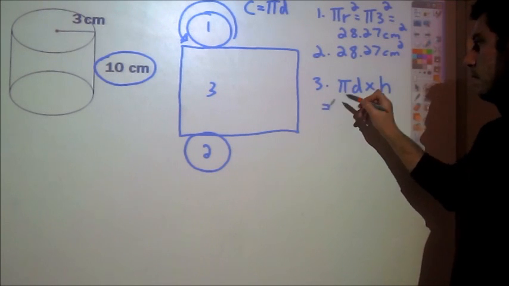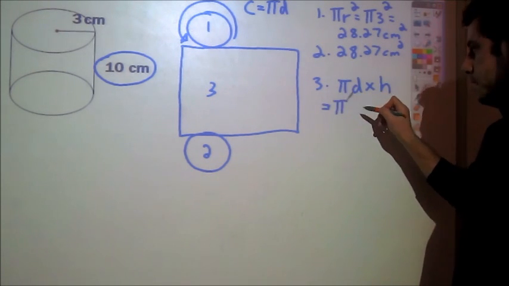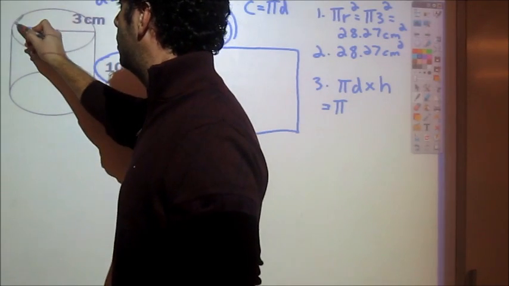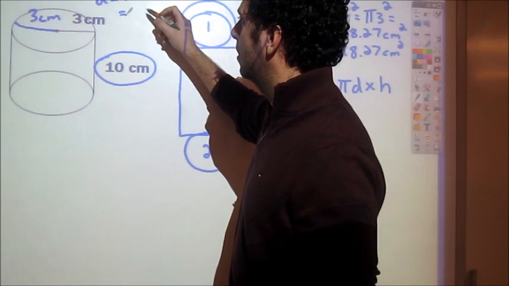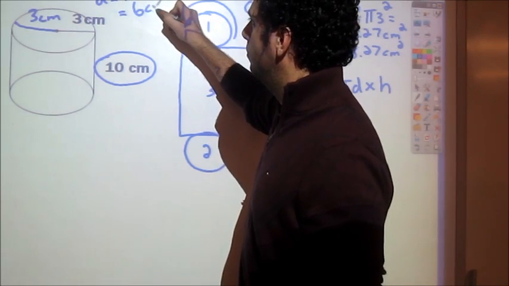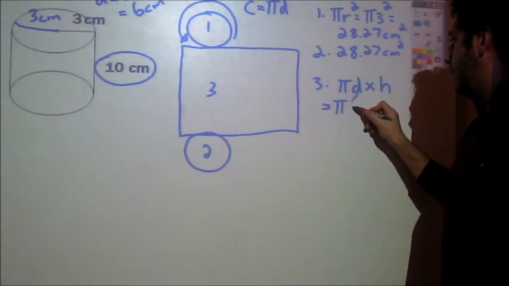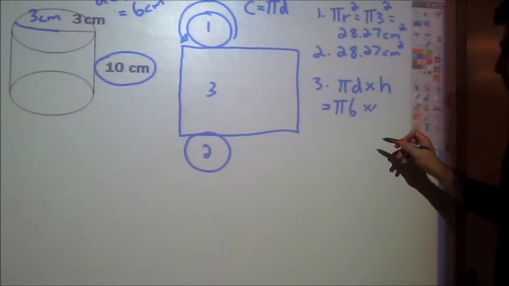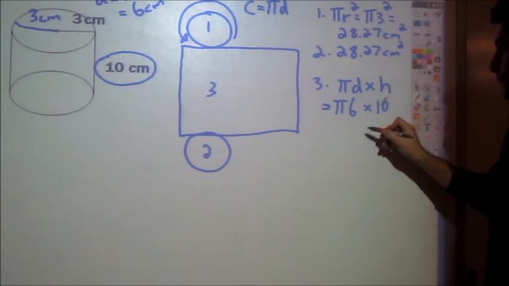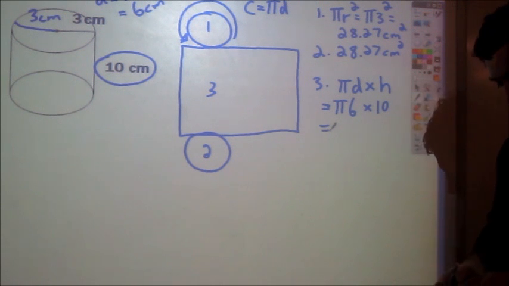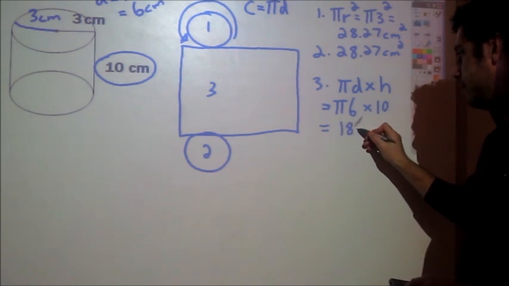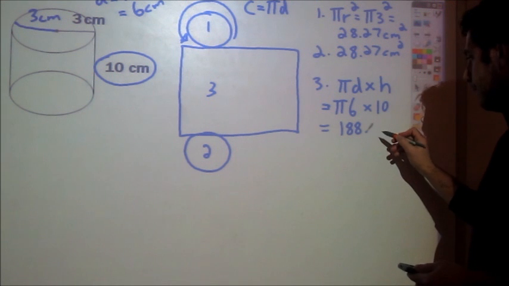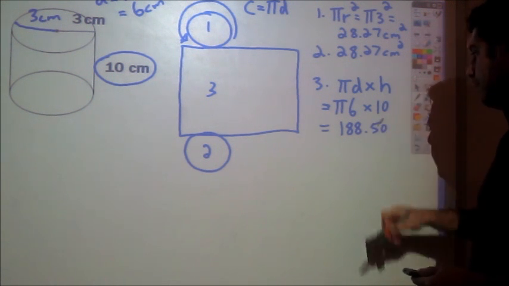So that would equal pi d, of course. If we extended this, this would also be 3 centimeters. 3 and 3 are 6. So that would be pi times 6, and we're going to multiply that by the height, which is 10. And that's going to be 188.50.